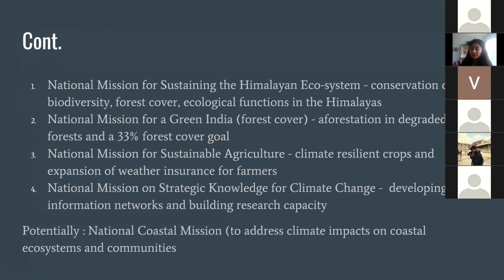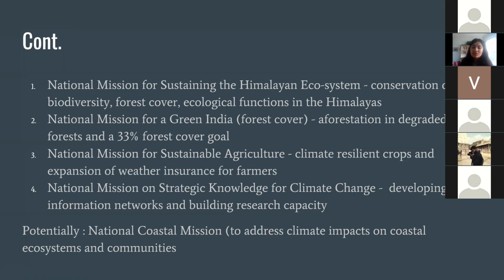It gives grants to other organizations to carry out this sort of research, and I think so do the other missions. So there isn't a uniform way in which these funds are distributed, but they're all funded by the center.